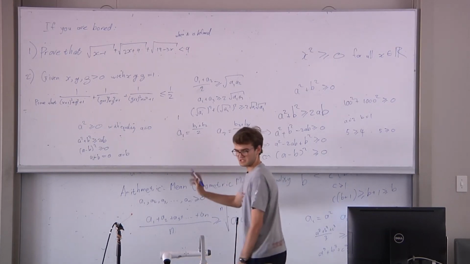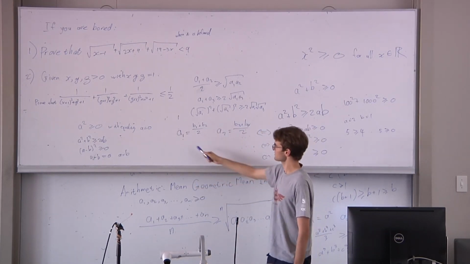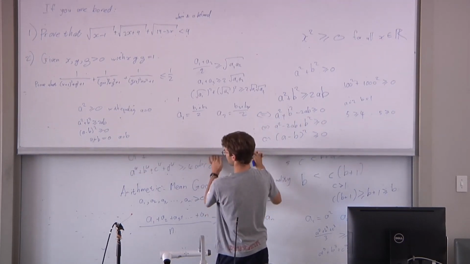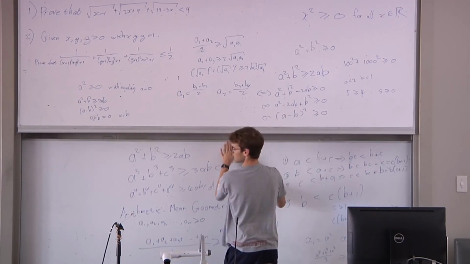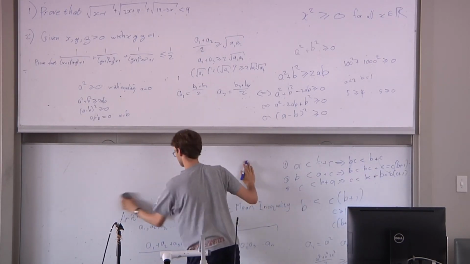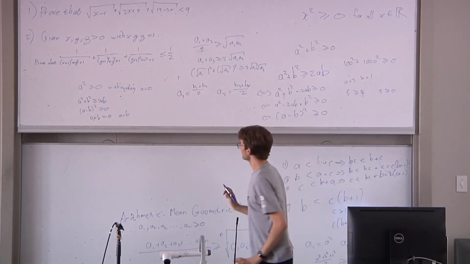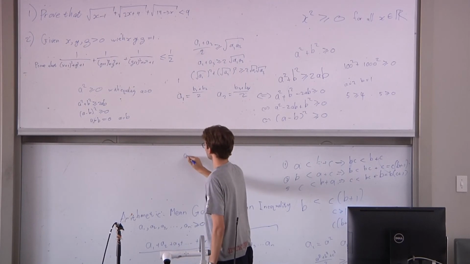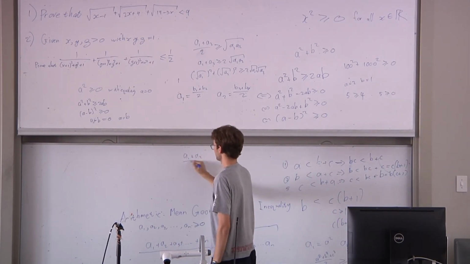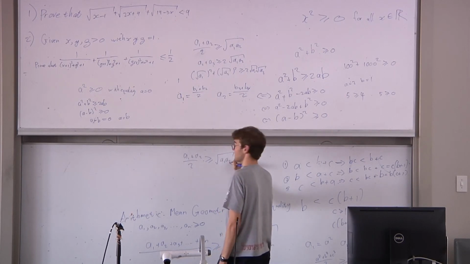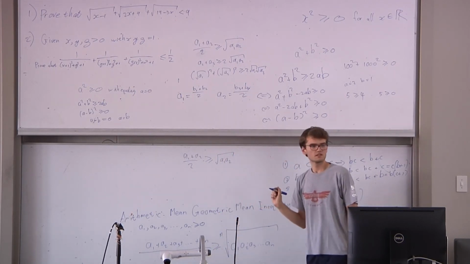So by AMGM, for n equals 2, just using a1 and a2, we get that (a1 plus a2) over 2 is greater than or equal to the square root of a1 a2, right?